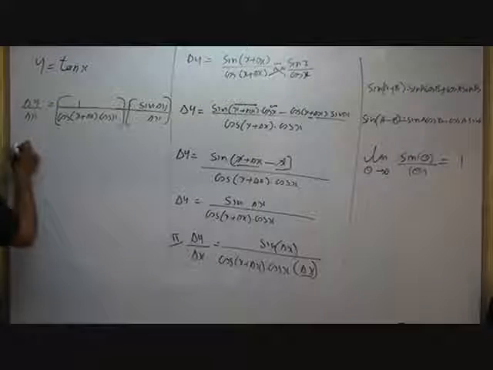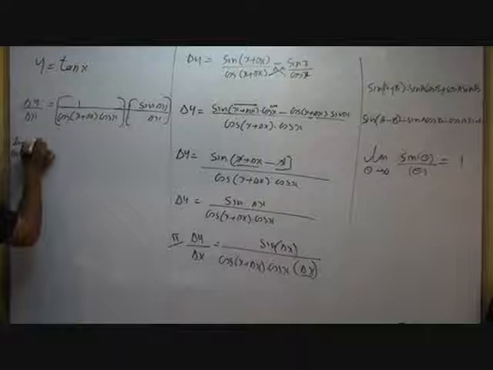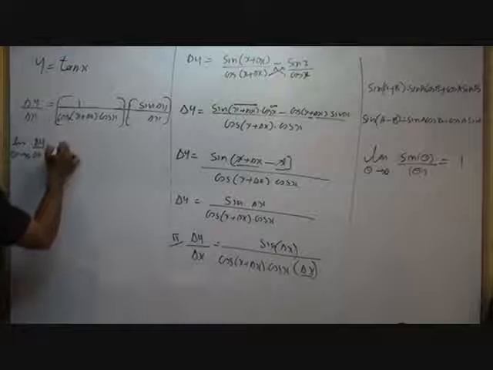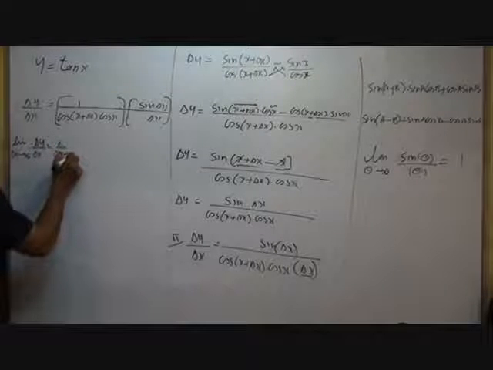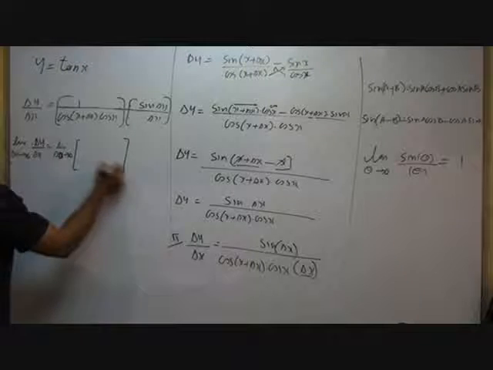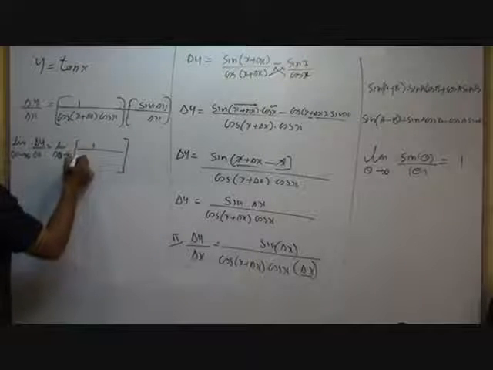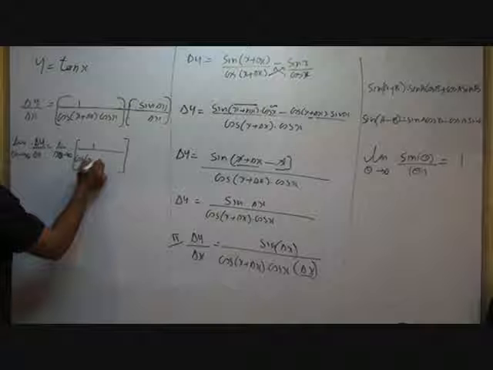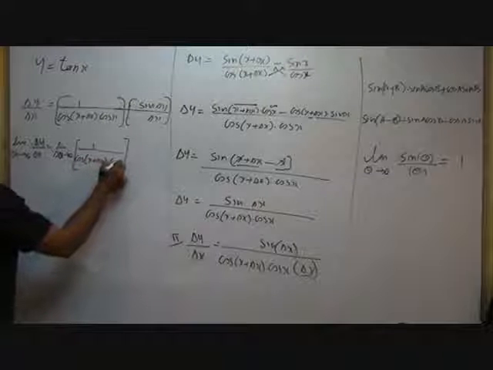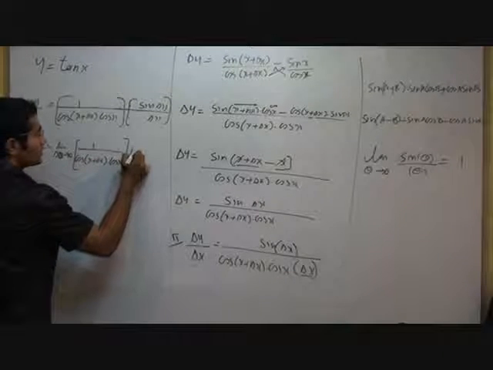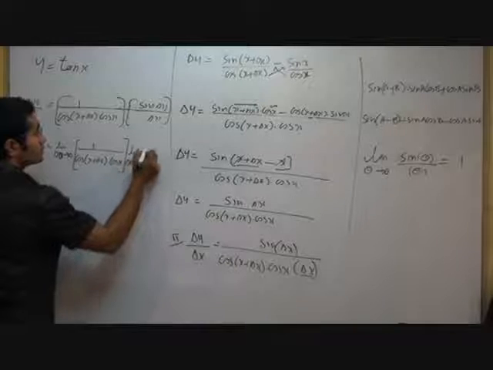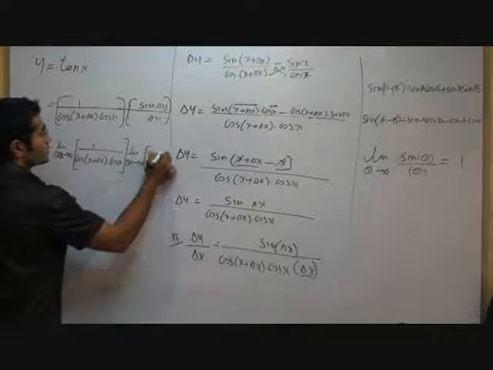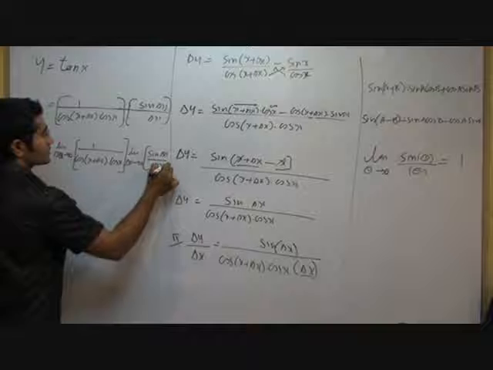So let me write this as limit of delta x tends to 0, delta y by delta x, equal to limit of delta x tends to 0 of the first part, that is 1 by cos of x plus delta x into cos x, and limit of delta x tends to 0 of sine delta x by delta x.